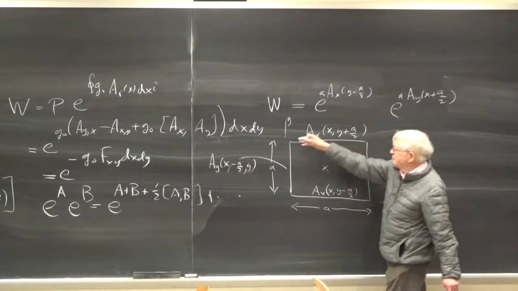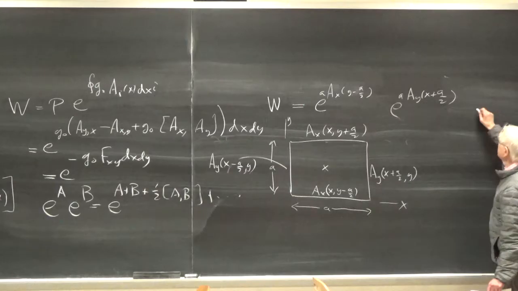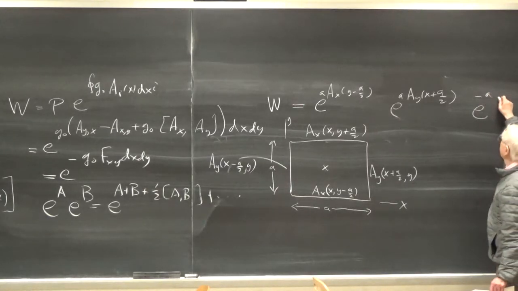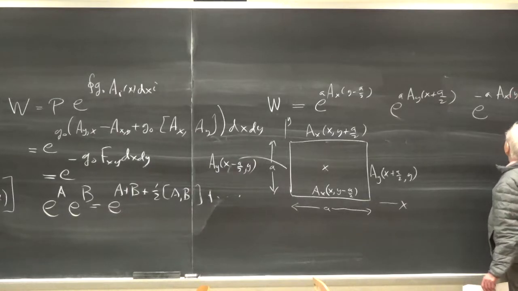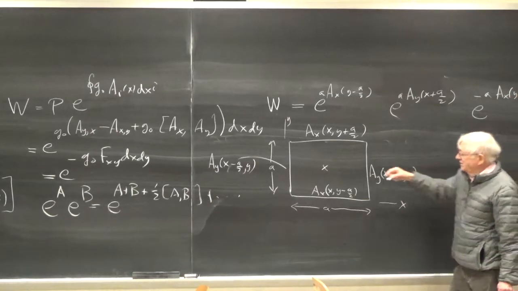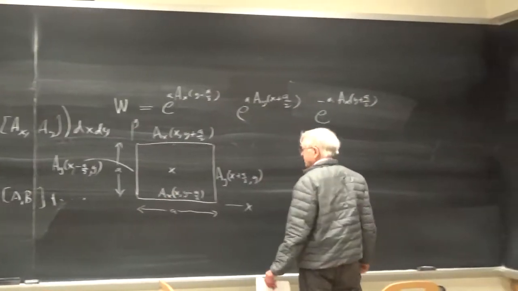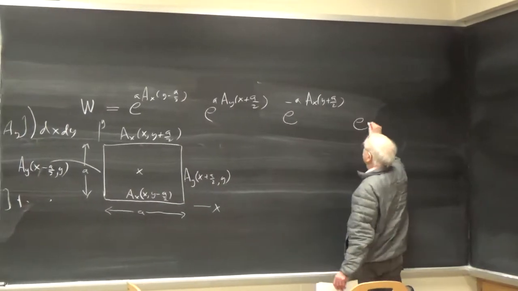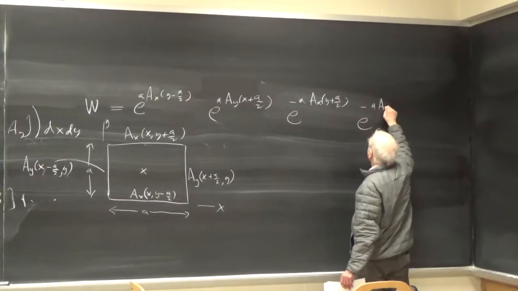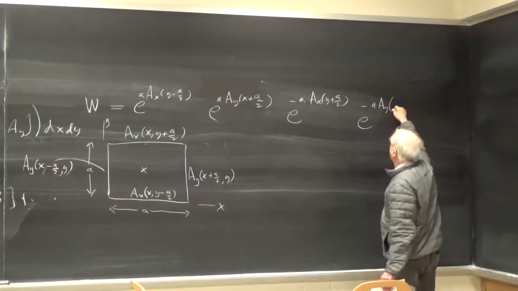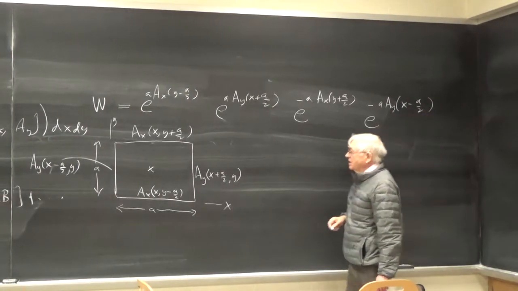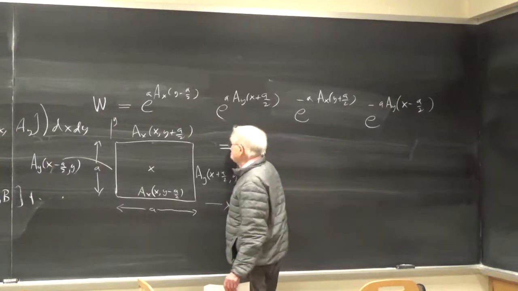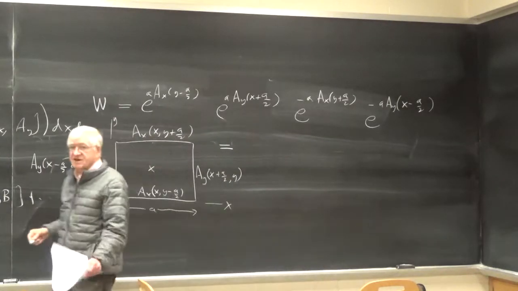But here we're going backwards, so this would be e to the minus a A_x at y plus a over 2. Then over here we're also going in the wrong direction, so this would be e to the minus a A_y at x minus a over 2. So maybe I'll continue with this derivation, even though it's not in my notes.